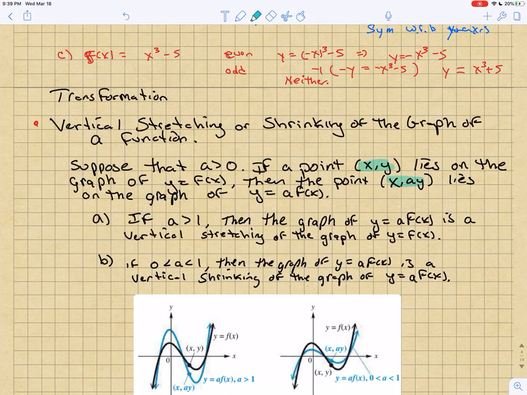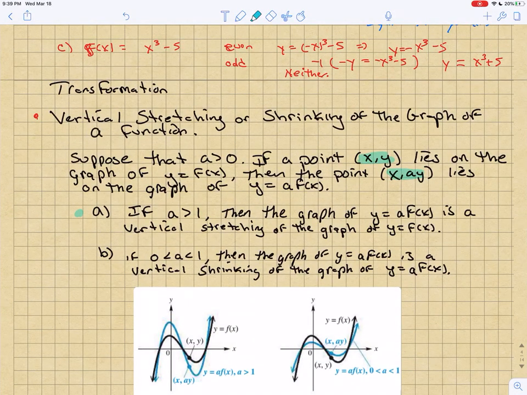So if I tell you 5 times that function, the y values get increased by 5. Vertical translations happen on the outside of the function. Horizontal translations happen inside the function. I'll get more explanation when we get to that.